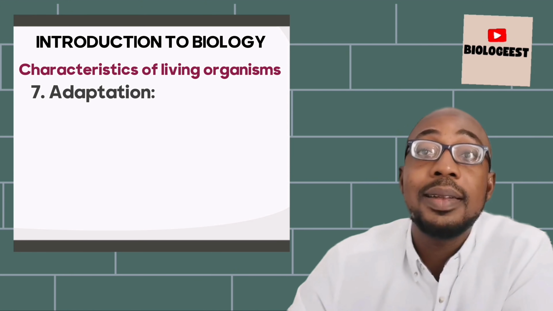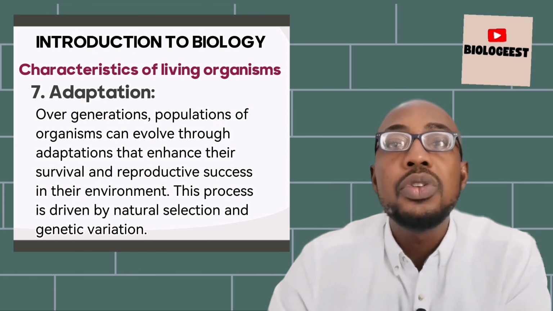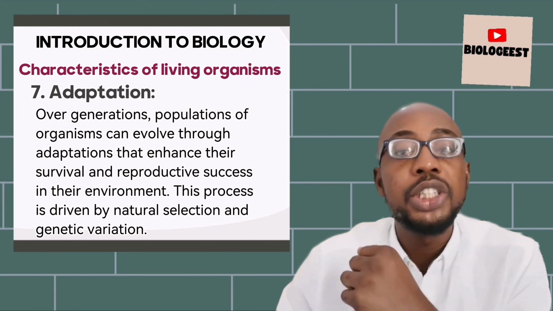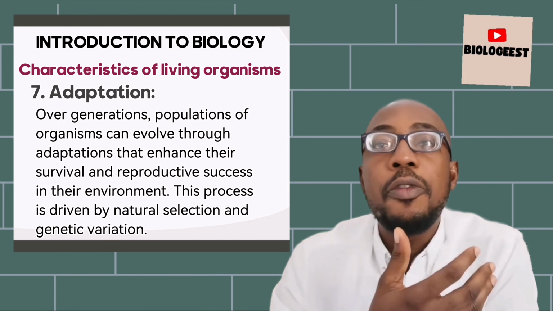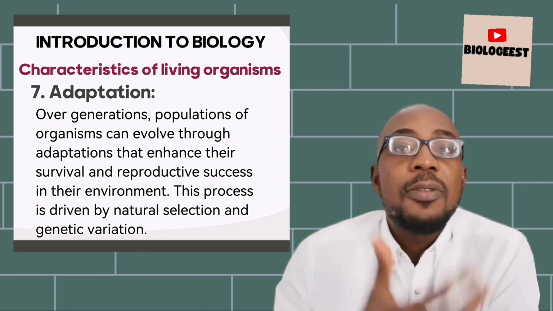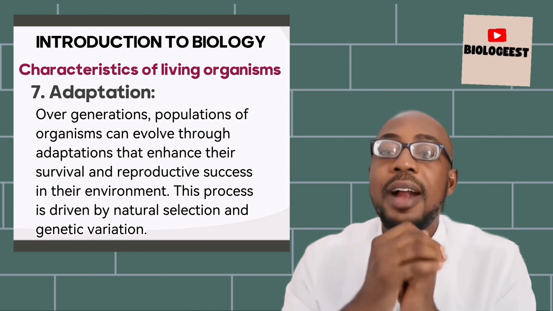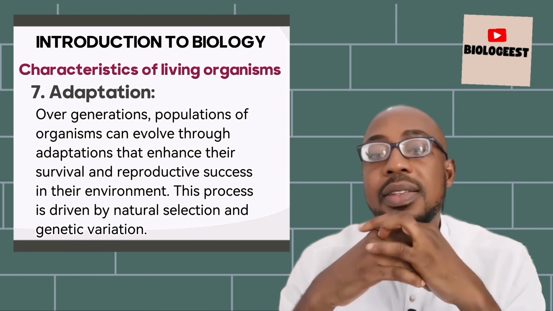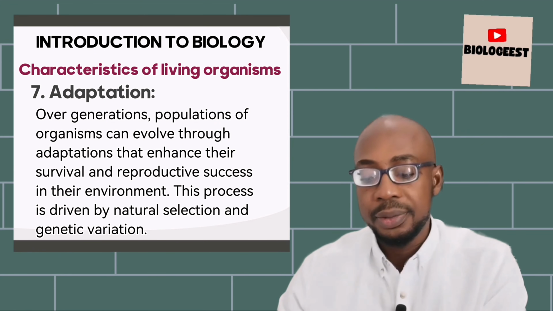The seventh and final characteristic is adaptation. And adaptation happens only through evolution. Over generations, populations of organisms can evolve through adaptations that enhance their survival and reproductive success in their environments. This process is driven by natural selection and genetic variation.